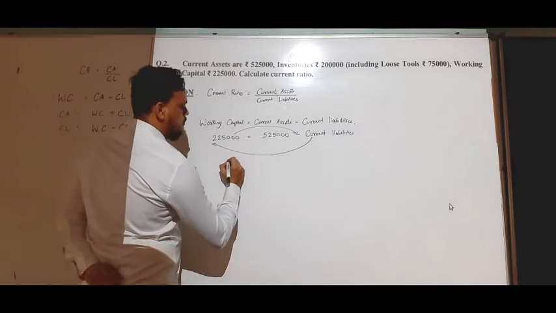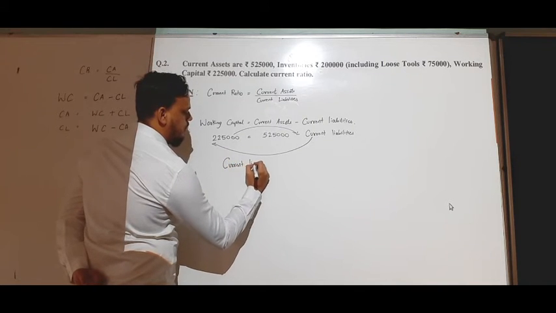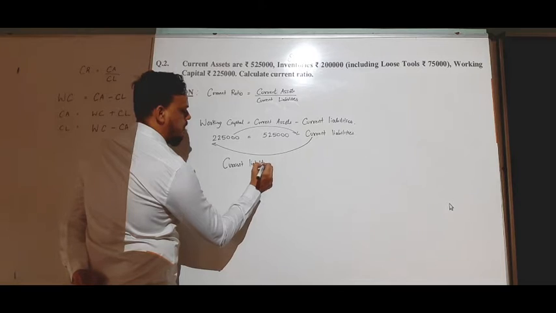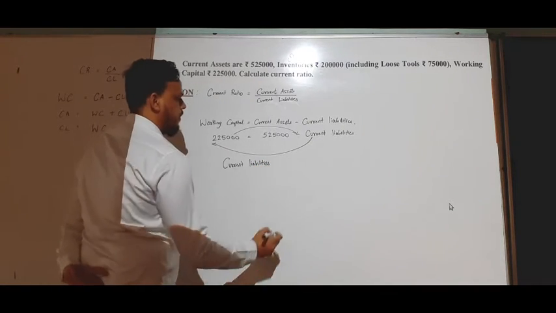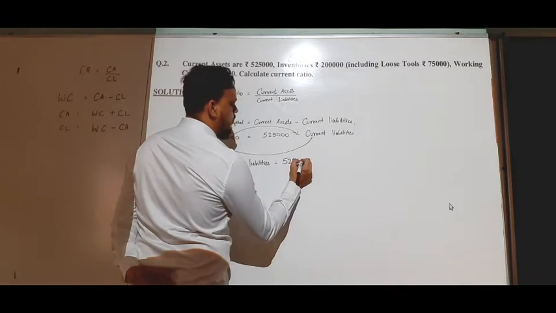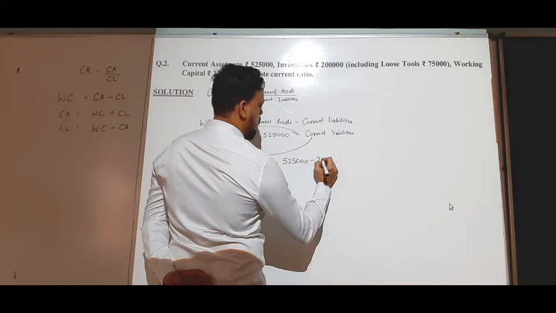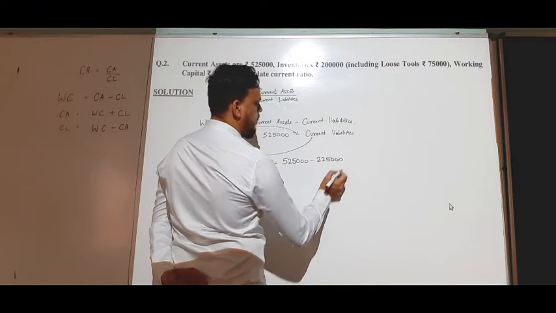So here we can write current liabilities is equal to 5,25,000 minus 2,25,000.